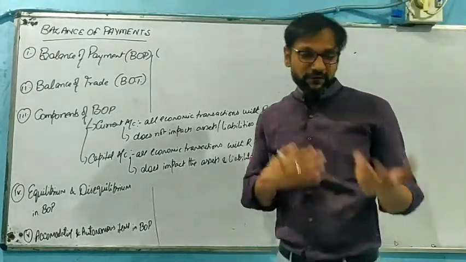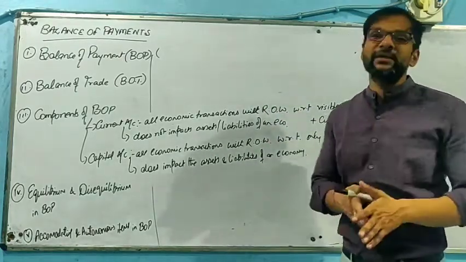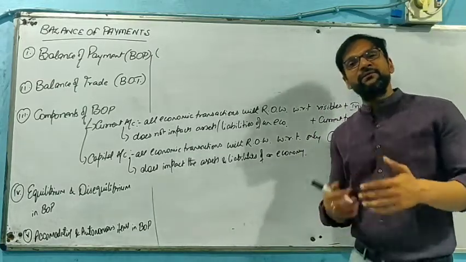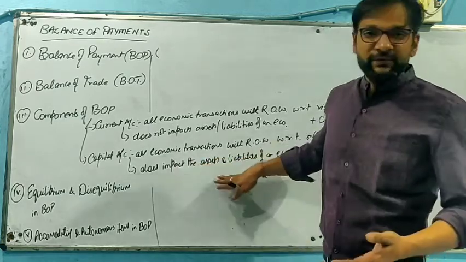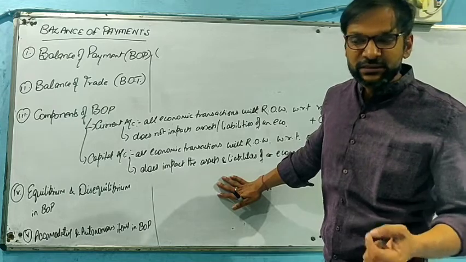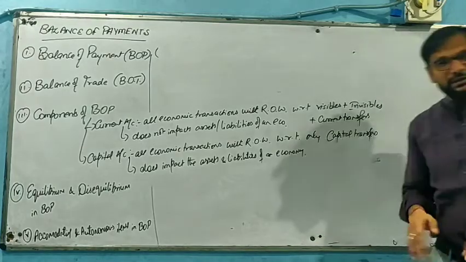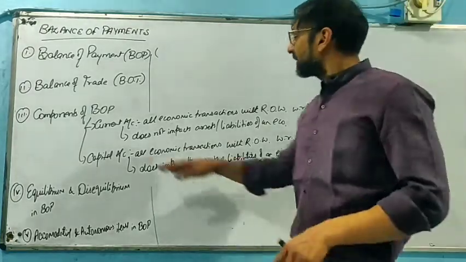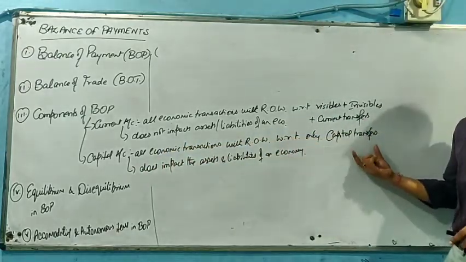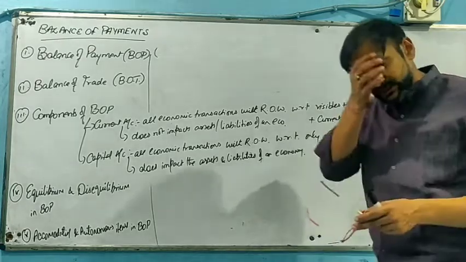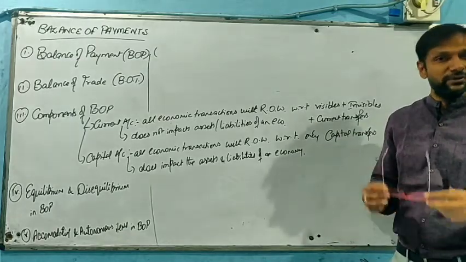Again, if Walmart, Facebook, Microsoft, Vodafone, Samsung, OnePlus, Apple are making any FDI or investment within India, or if Morgan Stanley, Frankfurt are making any portfolio investment in India in respect of shares and securities in our stock market, they are impacting assets and liabilities in our country. Fine. So we can say capital account is concerned with all such economic transactions with the world with respect to only capital transfers. They impact the assets and liabilities of an economy, and we have already given the examples.